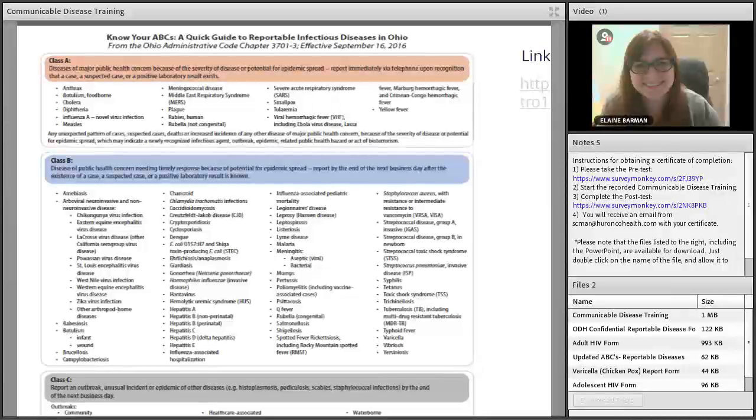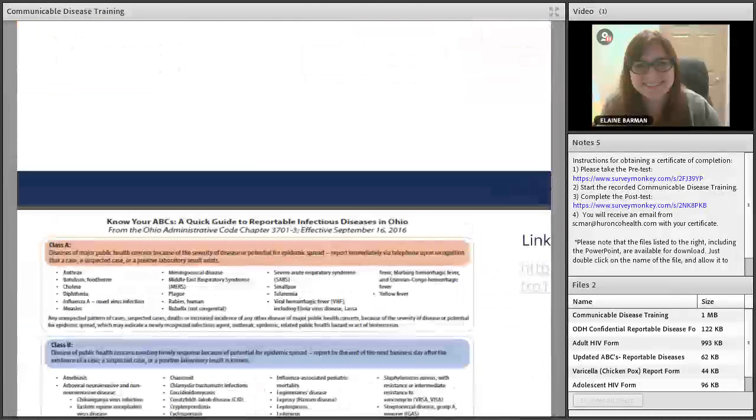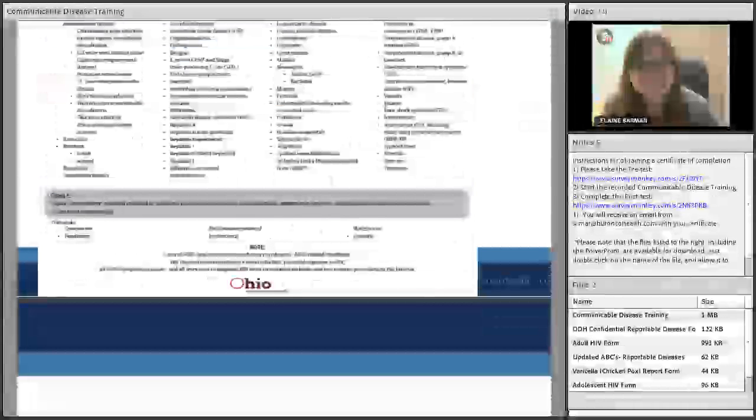However, it is not as high of a concern as Class A. So for Class B, things included are Zika virus, chikungunya, Campylobacter, E. coli, salmonella, hepatitis A, B, C, malaria, meningitis, pertussis, syphilis, chlamydia, gonorrhea. So we have a large array of illnesses that are under Class B.